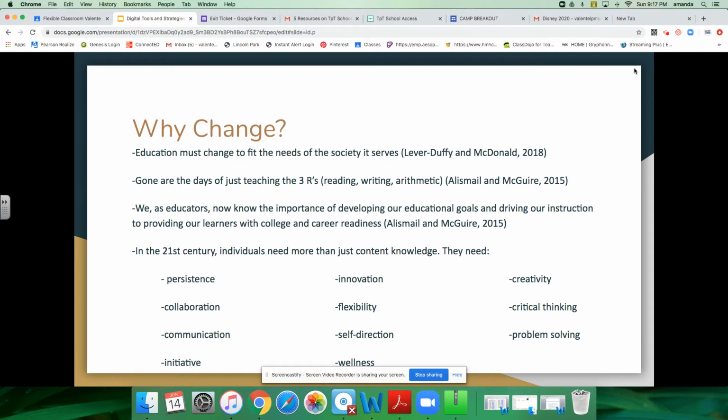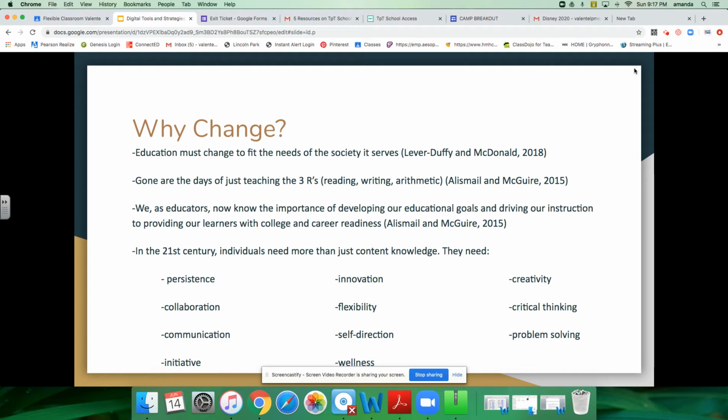So in the 21st century, we have some distinct skills, more than just content knowledge, that our learners need to grasp. Now, many of these I'm well aware of that I already include in my classroom, and some I can vouch for I need to improve upon a little bit. So those skills are persistence, innovation, creativity, collaboration, flexibility, critical thinking, communication, self-direction, problem solving, initiative, and wellness.